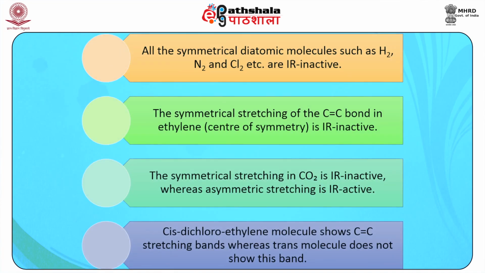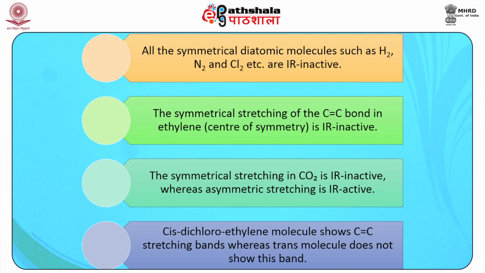All the symmetrical diatomic molecules such as hydrogen, nitrogen, chlorine, etc. are IR inactive. Secondly, the symmetrical stretching of the C double bond C alkene bond in ethylene, that is having the center of symmetry, is IR inactive.